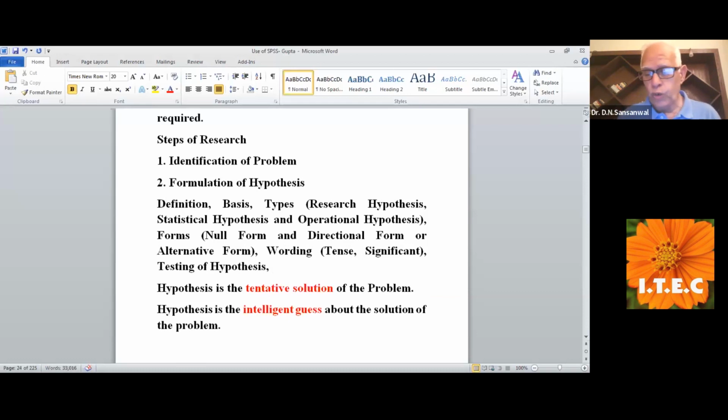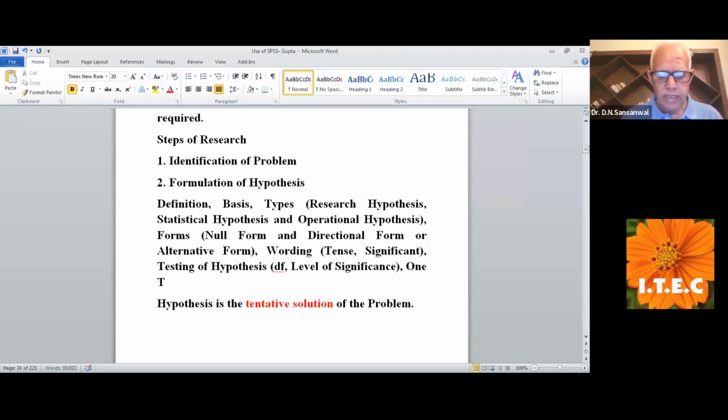If you do not know, then my dear friend, you cannot write paper and you cannot write your thesis. So testing of the hypothesis, you should know the degree of freedom, level of significance. Then you should know one tail test and two tail test.